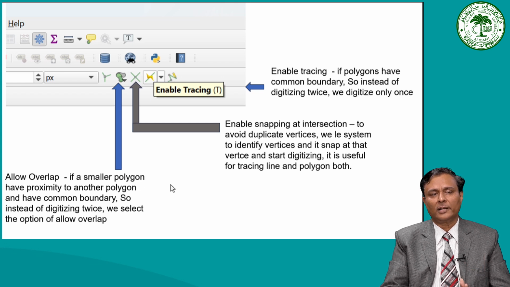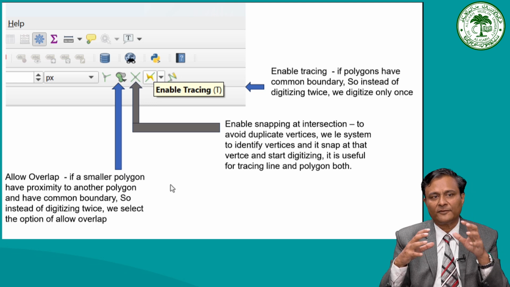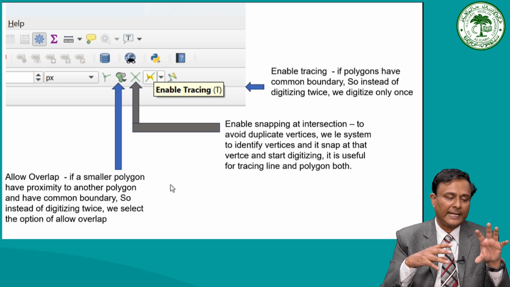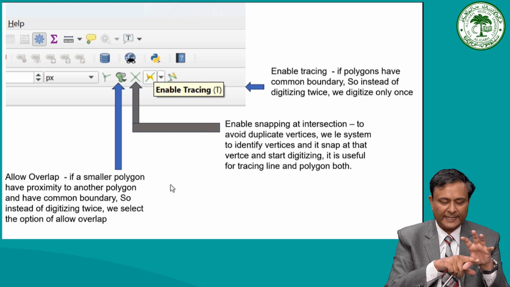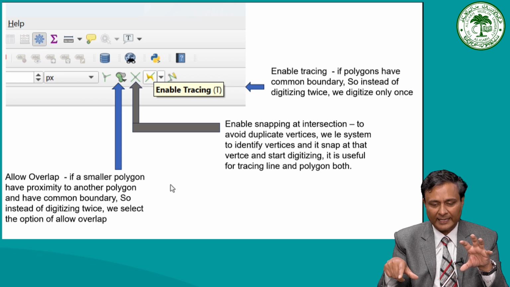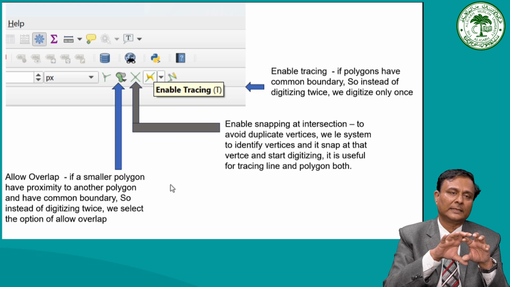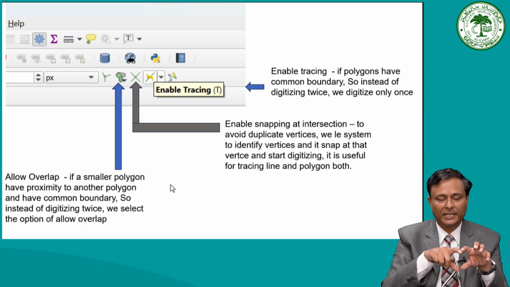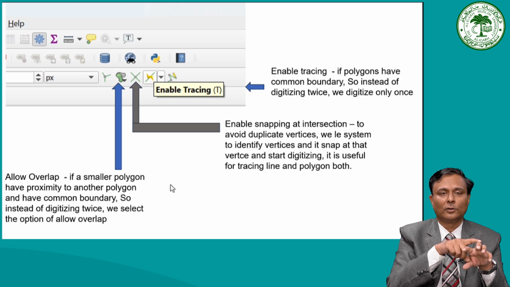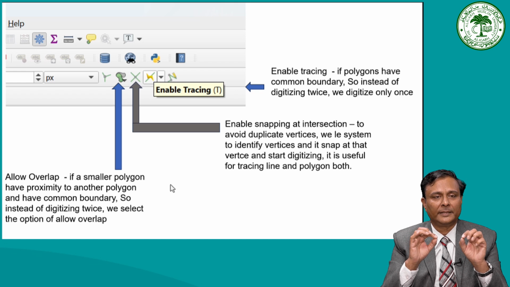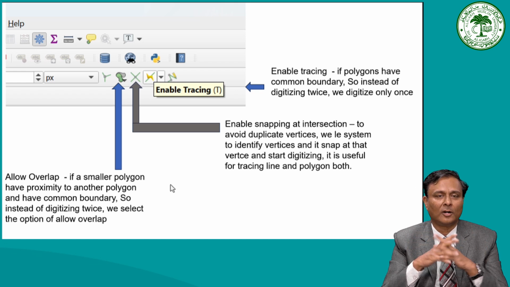So if there is a smaller polygon in the proximity of another polygon with a common boundary, what we will do is take the larger polygon and click inside it, and wherever it is intersecting the line, we will end the polygon formation at the other end also. So it will take the middle line as the common line. It won't go beyond that. So this is one option for not digitizing the common boundary twice.